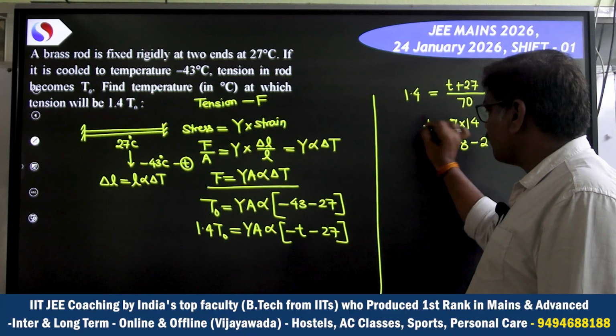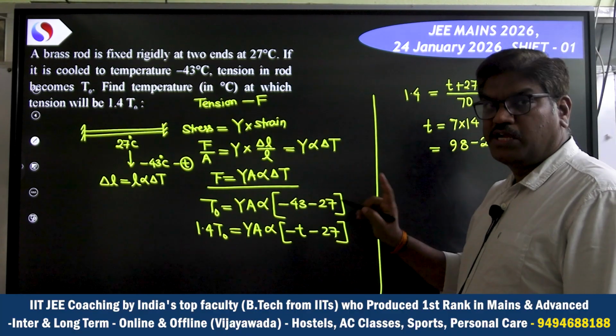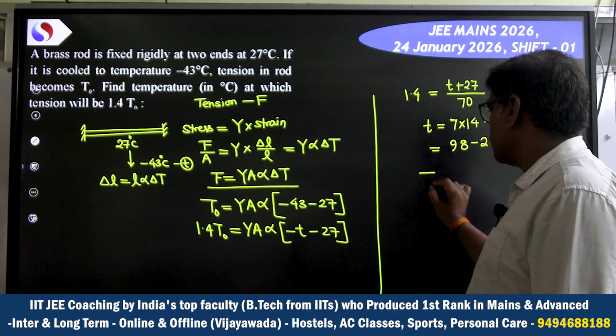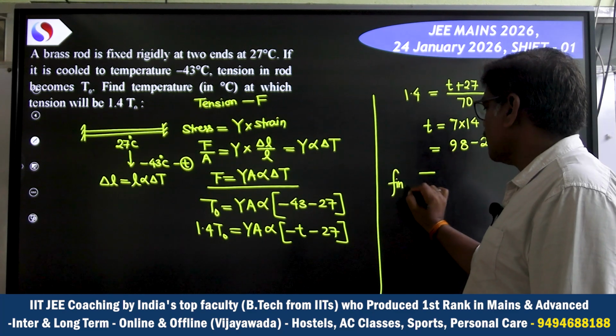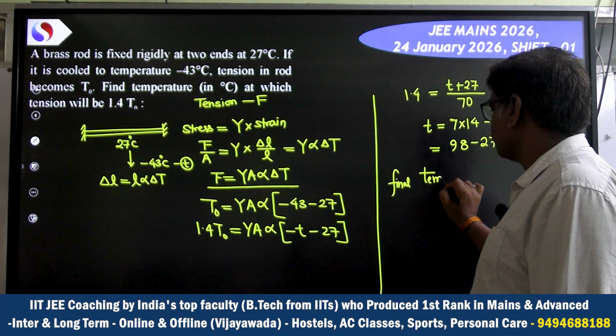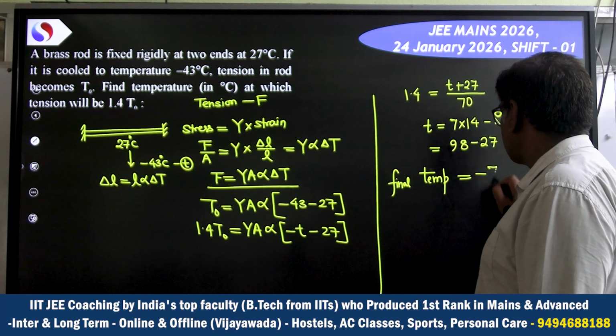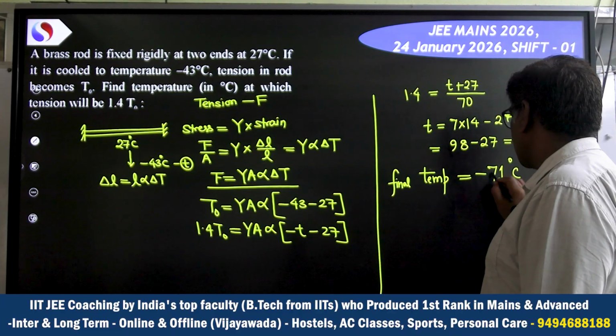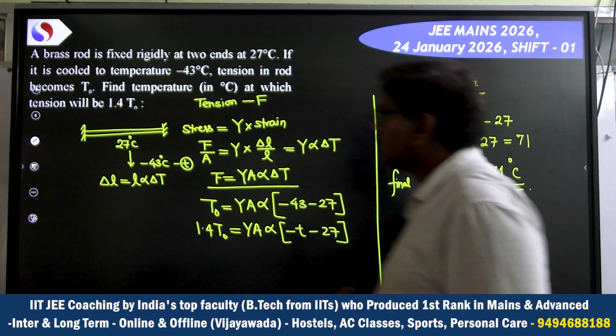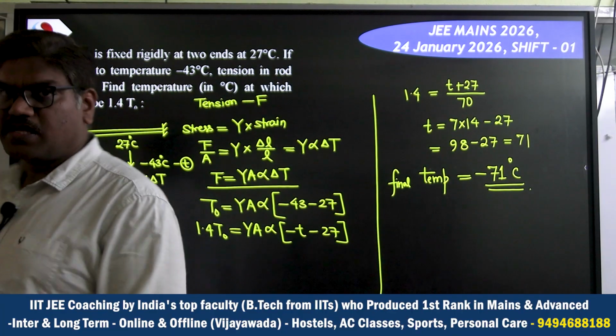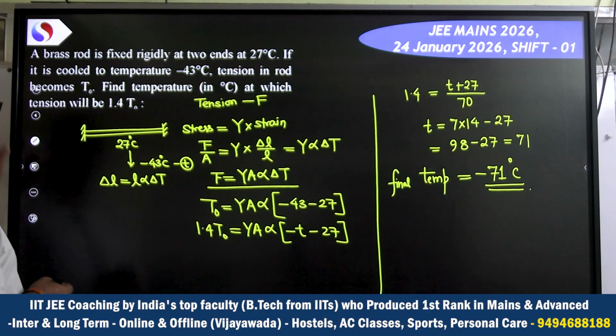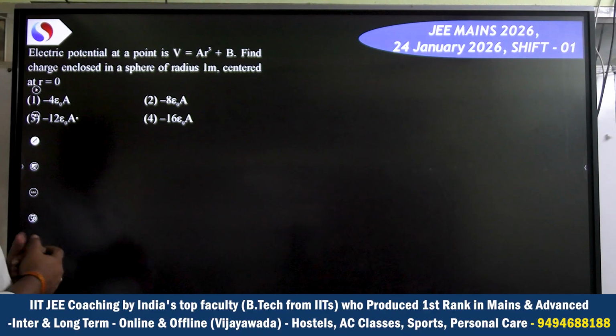So 71 is the value of T, and the temperature we have assumed is minus T. So the final temperature is minus 71 degrees centigrade. The temperature which they are asking is minus 71 degrees centigrade. Okay, let's move to the next one.